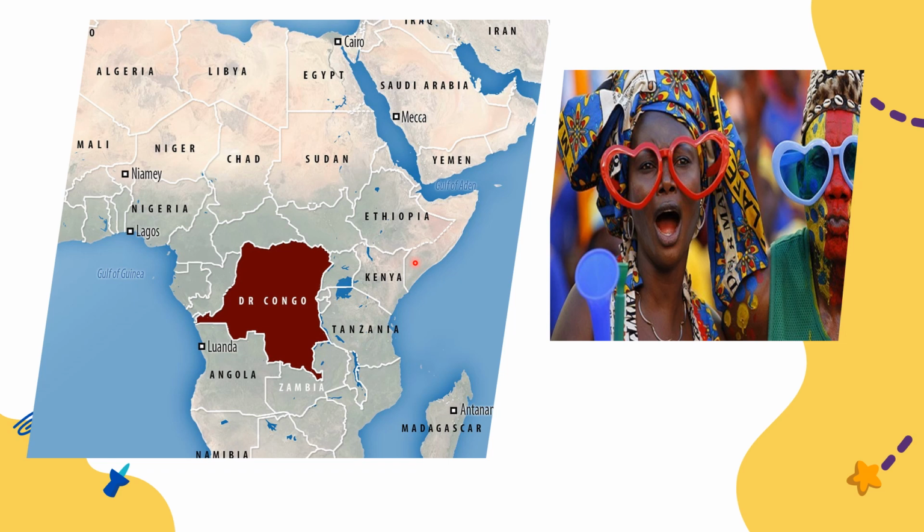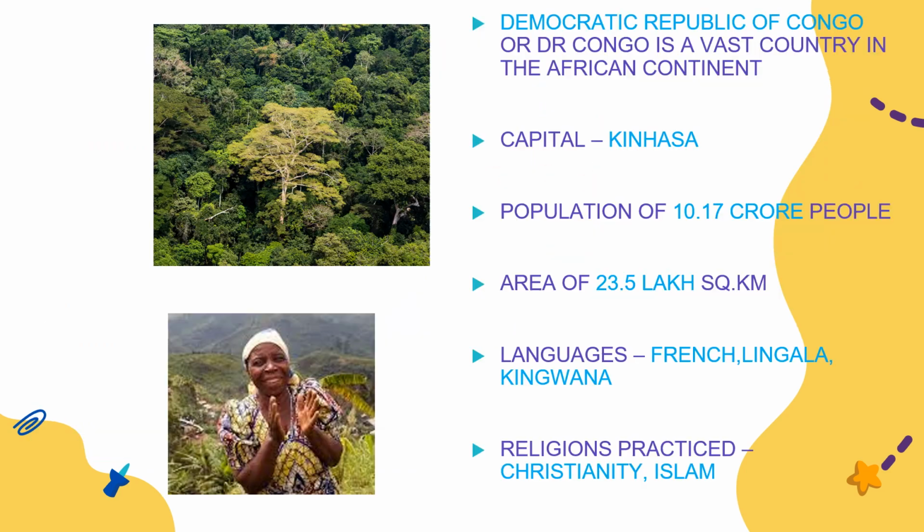To understand about the climate, the people who live there and the vegetation in different zones, we need to cite an example, then only you can clearly understand, right? So to start with, we shall discuss this particular country called Democratic Republic of Congo, which lies in the torrid zone and is in the African continent. Okay, yes. So next we will see about the location.